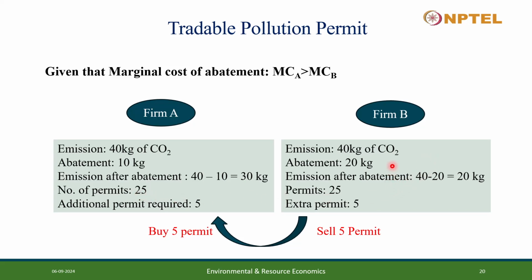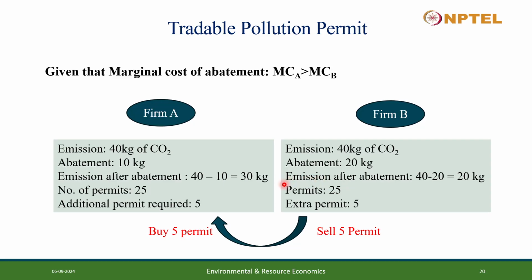Then let's say that for firm B, the optimum level of abatement is 20 kg. Since the marginal cost of firm B is lesser, the emission which firm B does is 40 kg, so the net emission after abatement will be 20 kg.